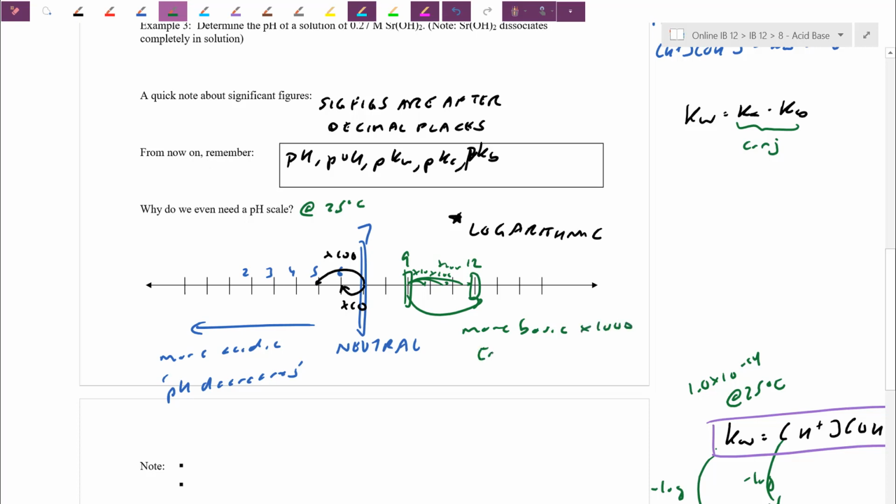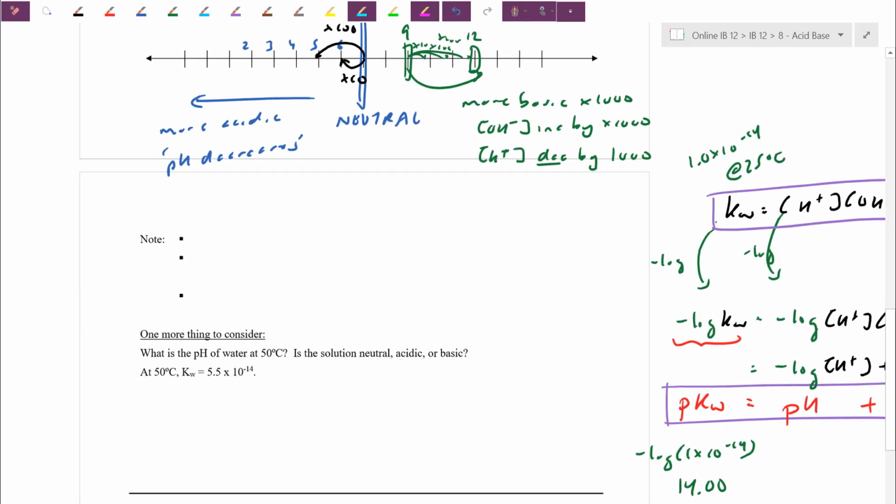So that actually means my hydroxide concentration is actually up by a factor of 1,000. It has increased by a factor of 1,000. Or you can say the H plus hydronium has actually decreased by a factor of 1,000 as well. Okay. So that's how we do our scale here.